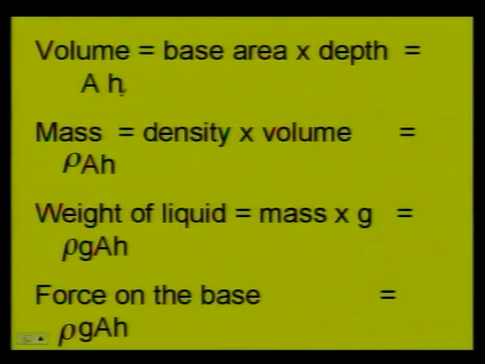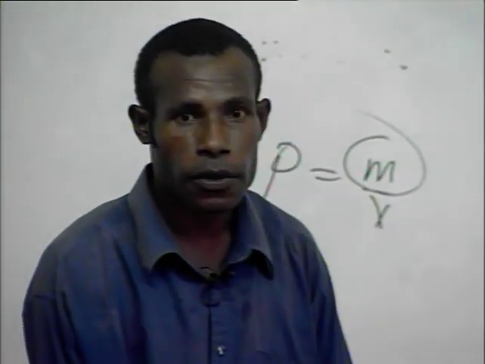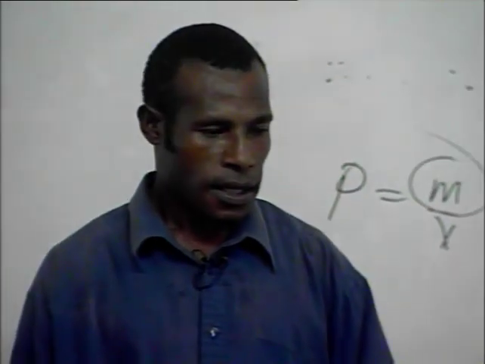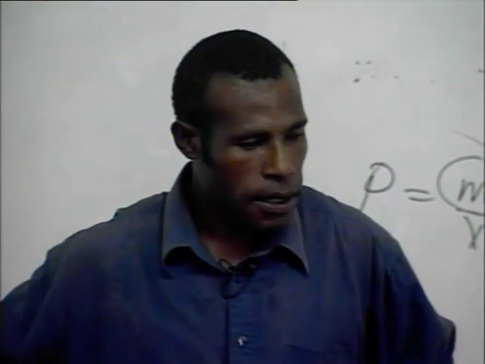Okay, I think you are finished now, right? Based on this explanation, that is how the formula is derived. For the first one, volume equals area times the height, or let's say the depth.